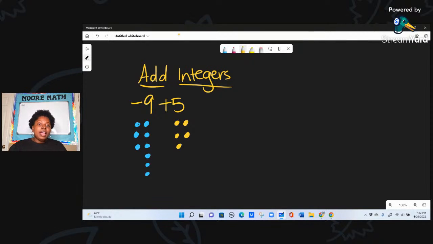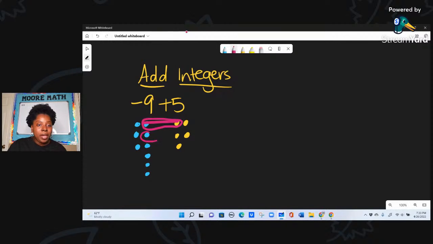Now, when a negative and positive chip get together, they cancel each other out. They kill each other off. One negative, one positive, we call those zero pairs. So we're going to take out all the zero pairs.